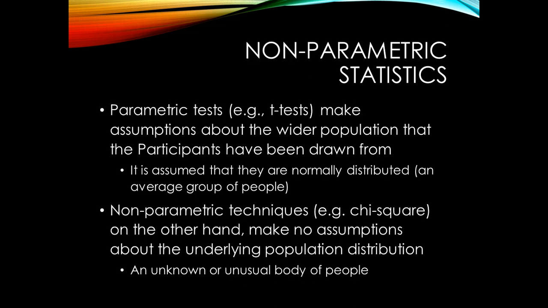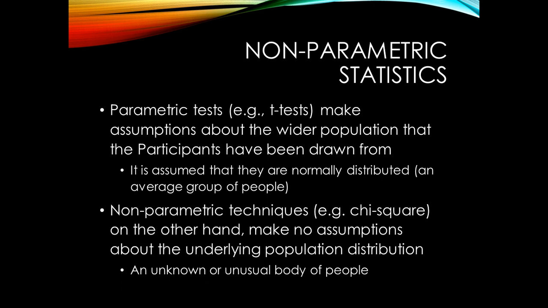So first off, the difference between parametric and non-parametric tests. Well, a parametric test, which is something like a t-test, for example, and we'll be doing one of those next week, so I don't need to explain it too much now. But there are different types of statistic, some of which are parametric and some of which are non-parametric.